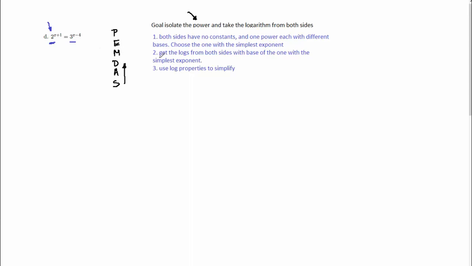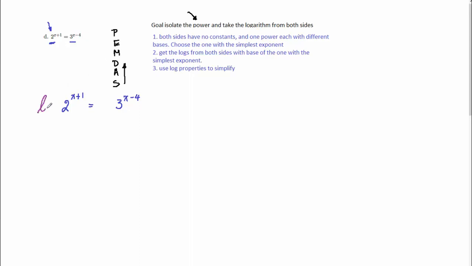The next step that I need to take is to take the logs from both sides of the equation with base 2. Since 2 to the x plus 1 is equal to 3 to the x minus 4, then this means that the logarithms of those two will be equal as well.